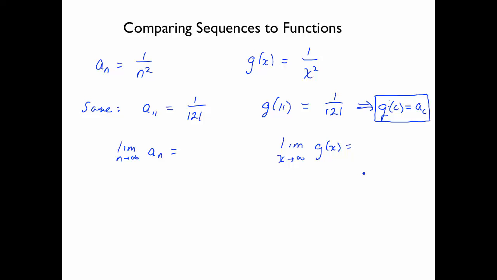So we can evaluate the limit of the sequence by asking, what's the limit of the associated function? What is the limit as x approaches infinity of 1 over x squared? We should all be able to know that. That's 0. Therefore, the limit of that sequence, 1 over n squared, is also 0.